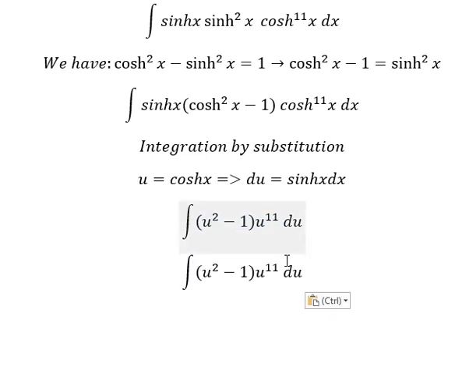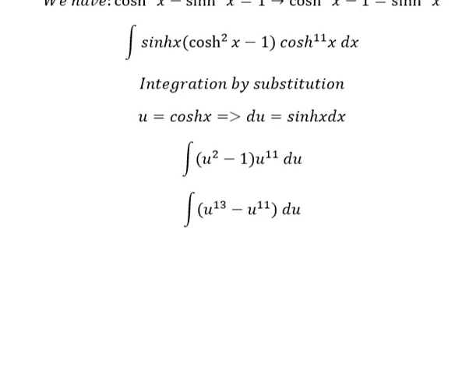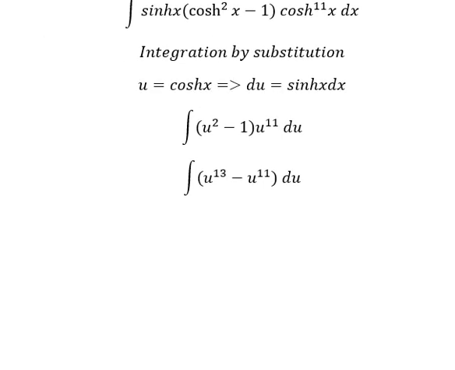Next, this one multiply by u square and number one. So we have the formula in here.